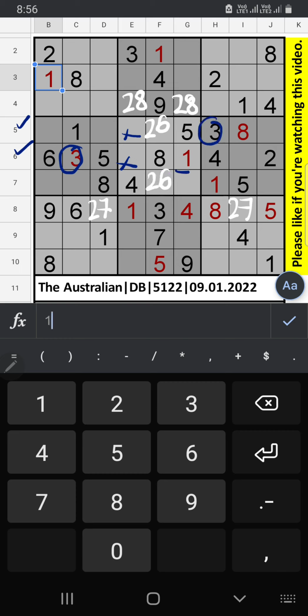Then 3 is confirmed here. In this grid 2 numbers are remaining, 7 and 9. We will confirm later. Column G we have 5. So 5 can't come in this cell. Then 5 is confirmed here. In this grid, two numbers are remaining, 6 and 7. We will confirm later.